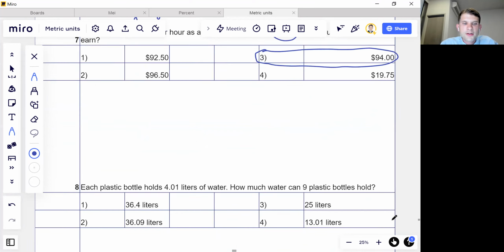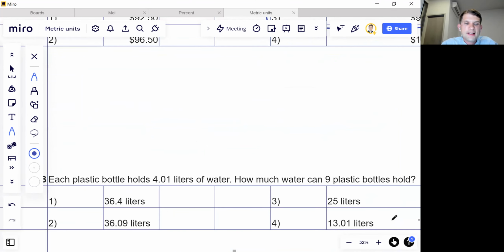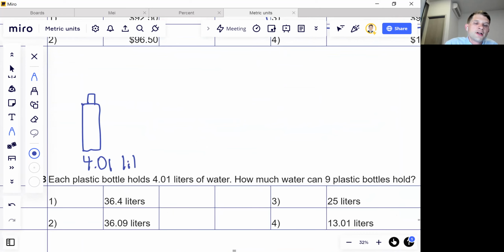All right, so this problem number 8 says, each plastic bottle holds 4 1/100 liters of water. Okay, so I've got a plastic bottle here. It holds 4 1/100 liters of water. And the question asks, how much water can 9 plastic bottles hold?